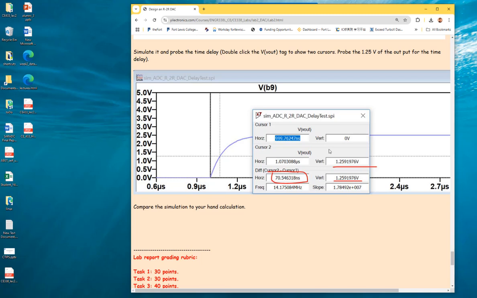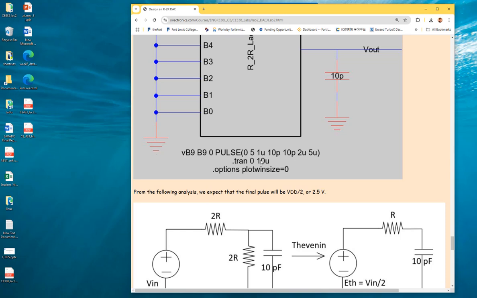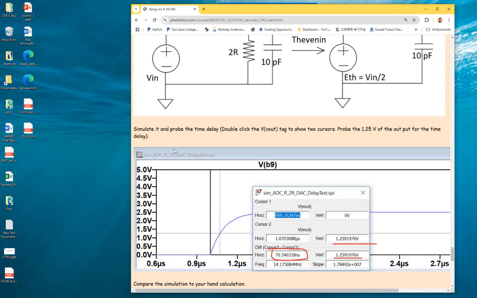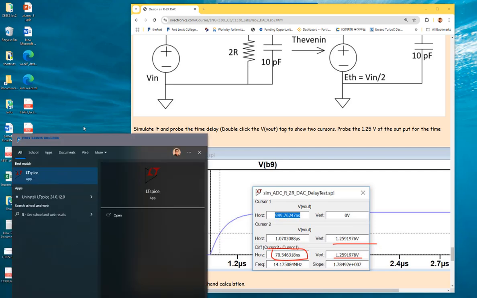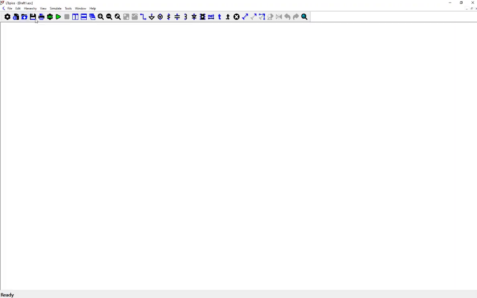For simulation in LTspice, because all this Spice code is already provided, you can directly run the simulation, and it should directly show this. But one thing I'm going to let you guys know. Please modify your simulation environment a little bit.